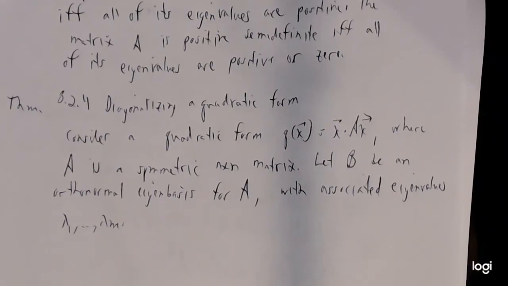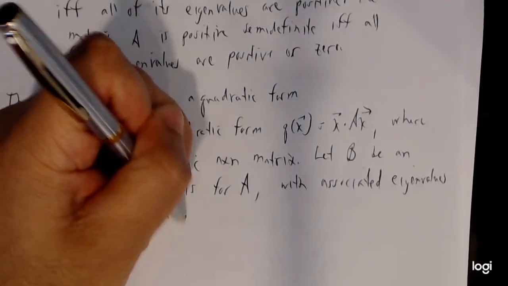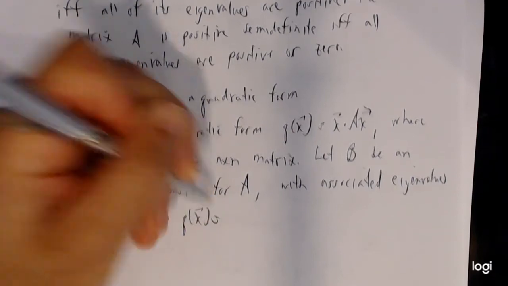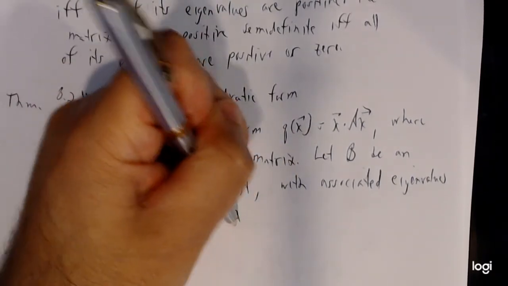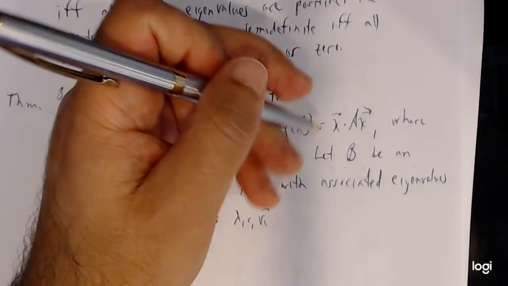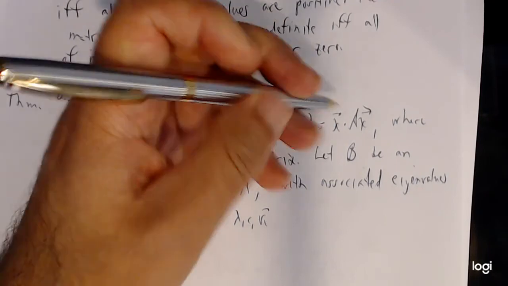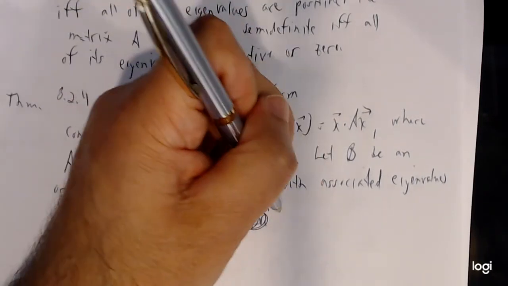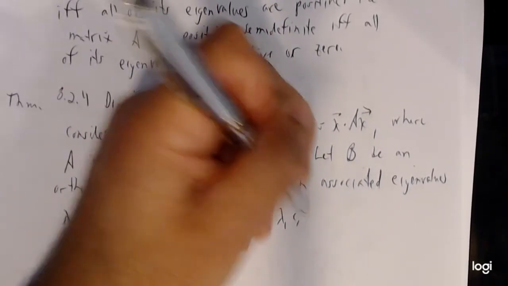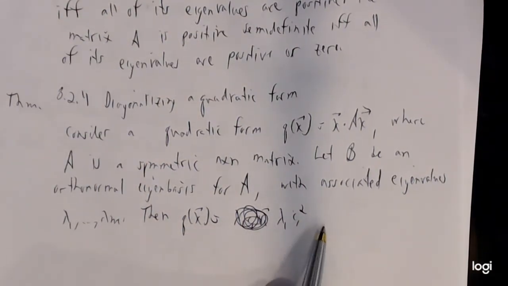Okay, so then we would say q of x could be described as lambda sub 1, c sub 1 squared. We lose the v sub 1 if you remember, because it was orthonormal, right? If you remember, that's what happened.